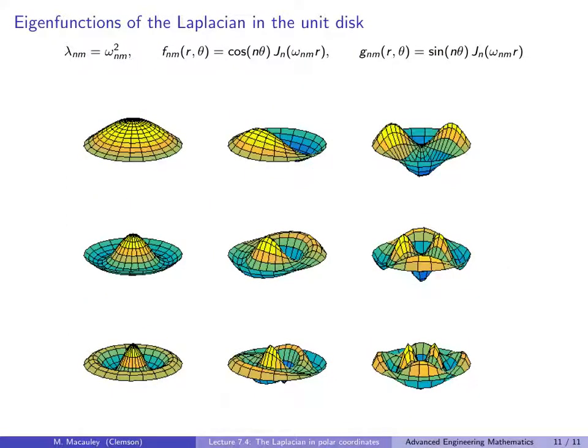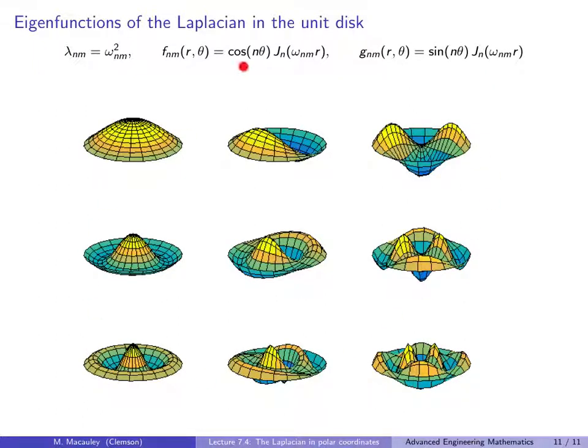At last, we come to the unit disk. The eigenvalues are omega nm squared, the roots of the Bessel functions, and the eigenfunctions are of the form cosine n theta times J n of omega r, and sine n theta times J n of omega r. Here's a picture of 9 of them. Let's try to understand which is which.